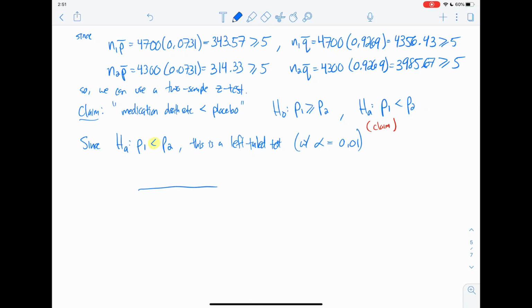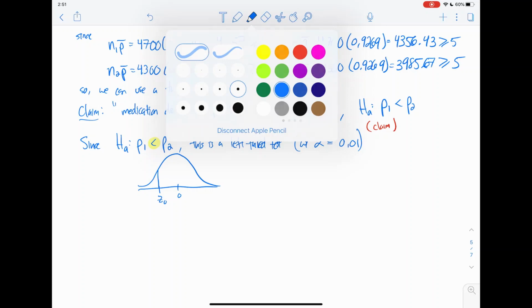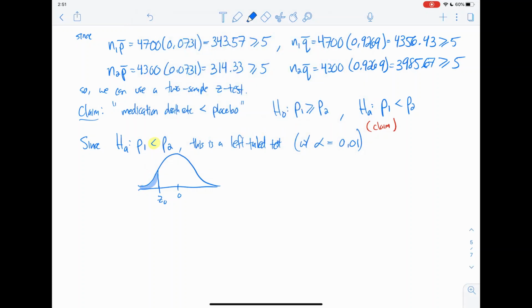So if we were to draw a picture of what's happening here, here's 0, there should be some sort of a critical value here on the left, and if we were to highlight the area of this left tail right here, the argument is that the area of that tail should be equal to alpha, which is 0.01.